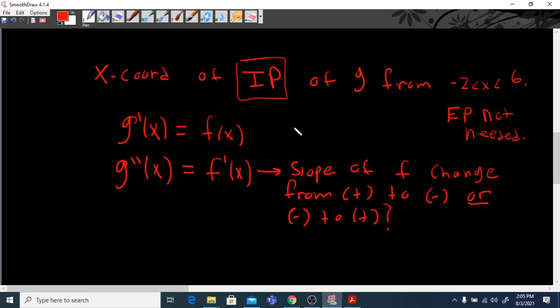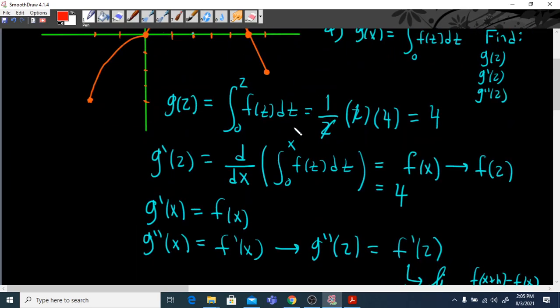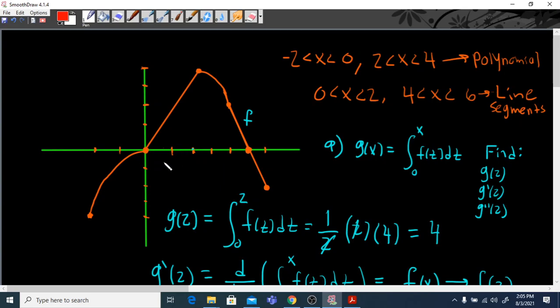Okay, so let's go back up to our graph. And let's take a look here. So positive slope, 0 slope, but then we're positive again. So no sign change. So positive, but then we switch to negative here.